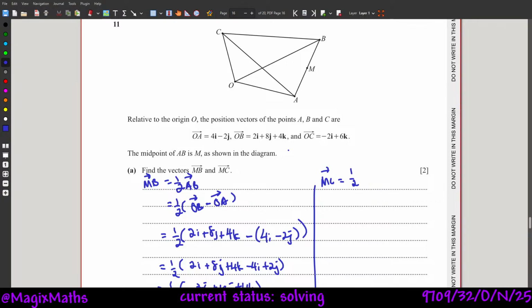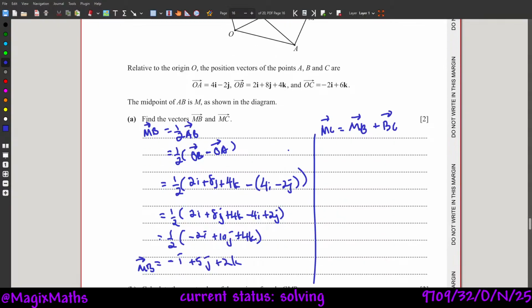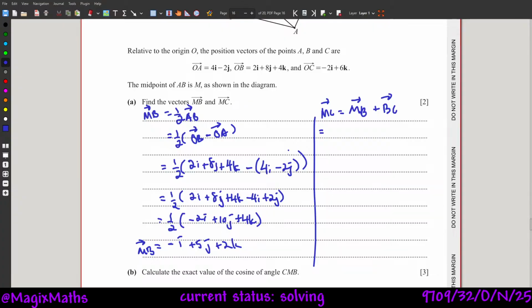Also, MC is MB plus BC, plus OC from OB.